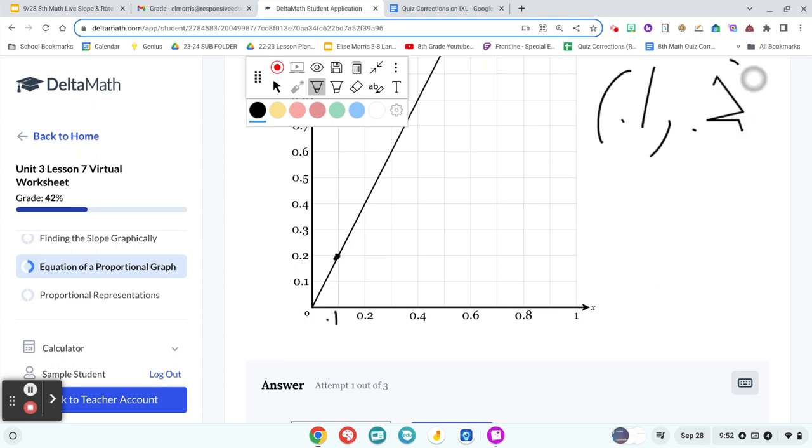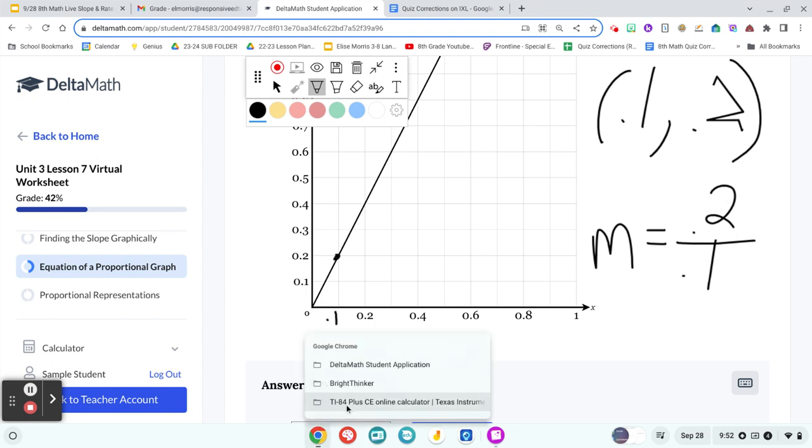Since this goes through 0, 0, I'm going to take that shortcut because I always want to do it the most efficient way. So the change in y when we subtract nothing is just the y value, and the change in x when we subtract nothing from that 0, 0 point is just 0.1.